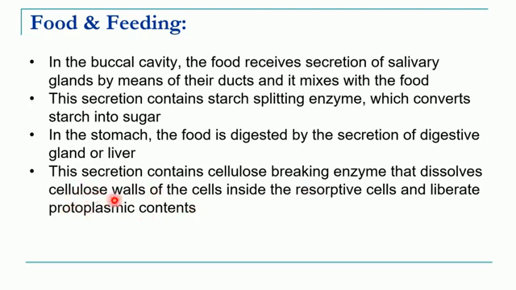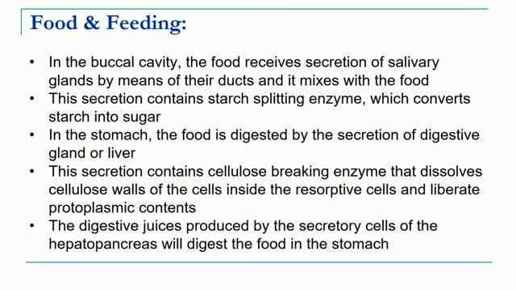We know that plants have their cell wall made up of cellulose. So breakdown of cellulose is very important, and that is carried out by the enzymes present in this secretion of the digestive gland or liver. These digestive juices produced by the secretory cells of the hepatopancreas or liver will digest the food in the stomach.